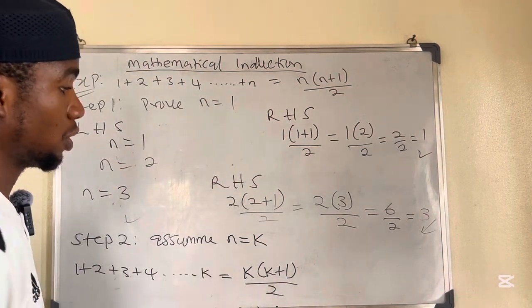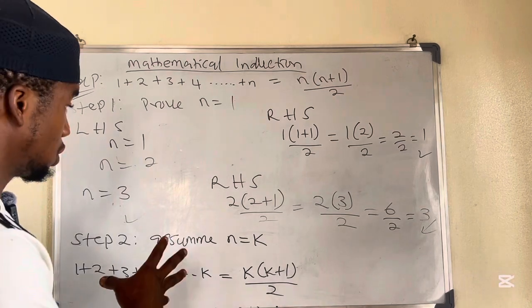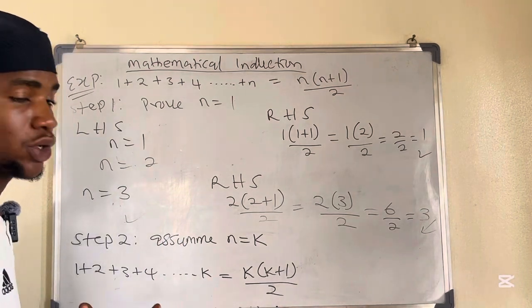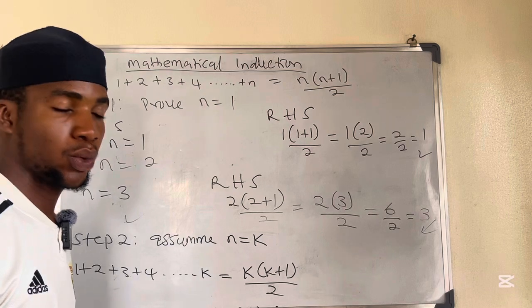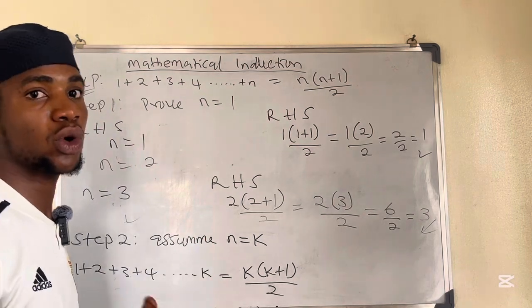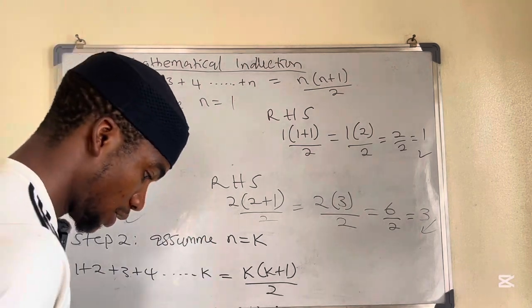This is all for step 2. We are just assuming, replacing n with k. Now we're going to step 3.